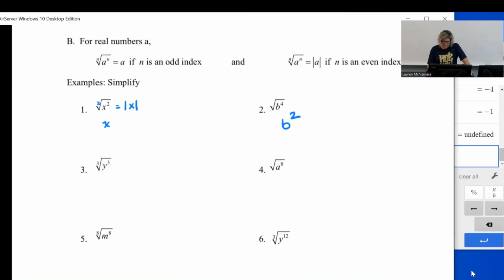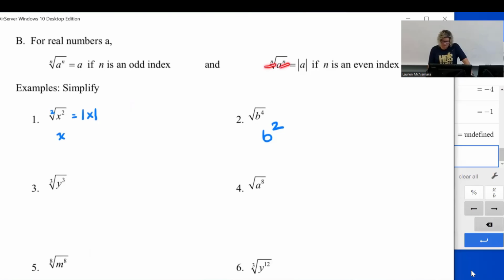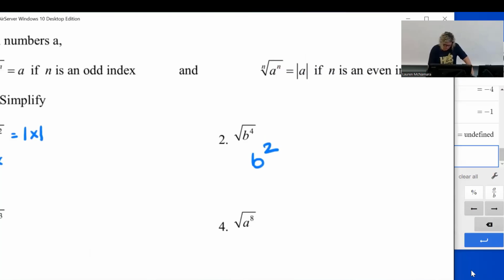So now because this is even, I had even, even, I don't have to have that absolute value. I only have to use that absolute value if I have even, and this was an odd. So I'll even go ahead and write that on here.